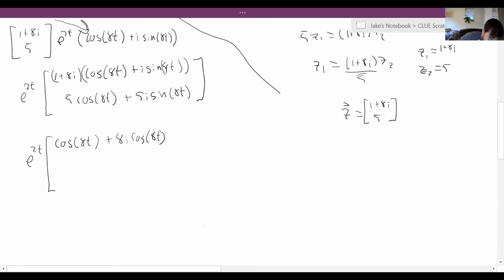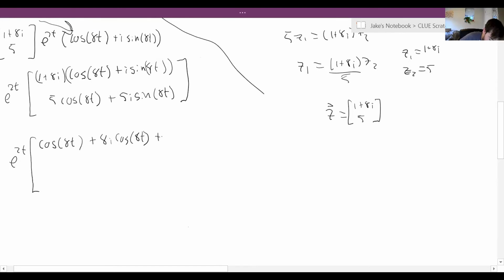I'm kind of foiling this weird, but I hope you believe me. Plus i sine of 8t, minus, because the i's multiply together to get negative 1, 8 sine of 8t. On the bottom we have 5 cosine of 8t plus 5 sine of 8t. Wow, we have really created a monster of a vector.